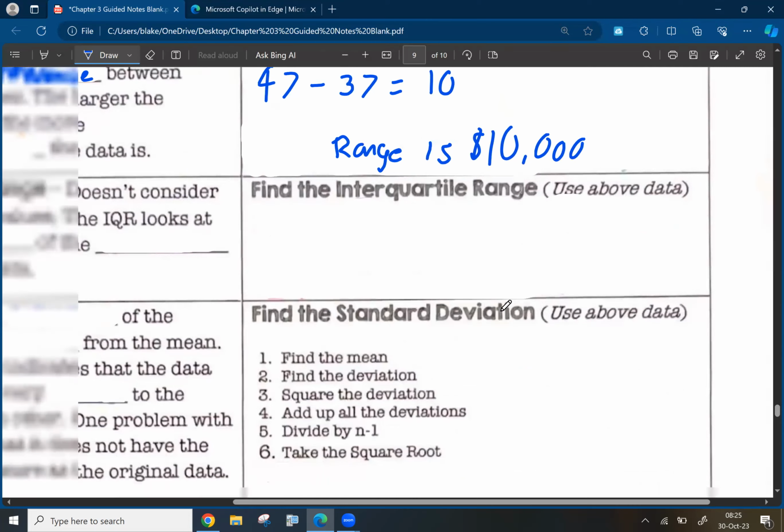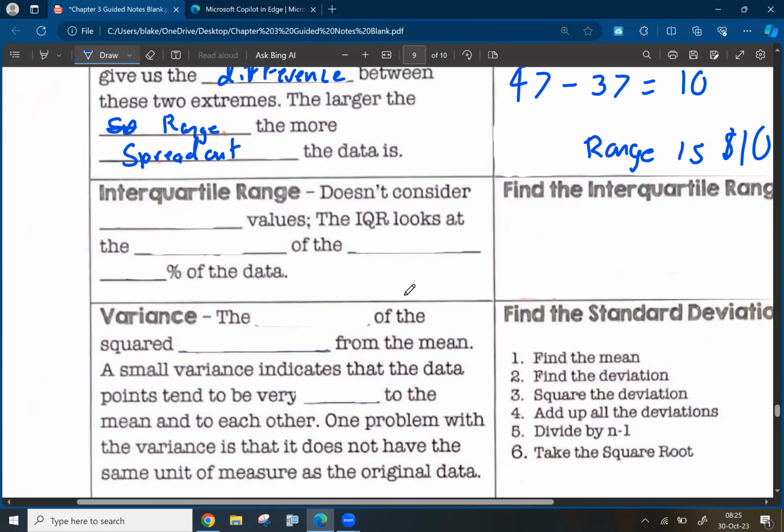All right, IQR. What's good about the IQR is it doesn't consider extreme values. The IQR looks at the range of only the middle 50% of the data. So it's not the overall range, not the complete largest minus the complete smallest. It's only taking the range of the middle 50% of the data. So how does that look?